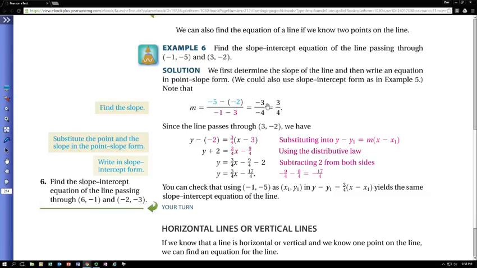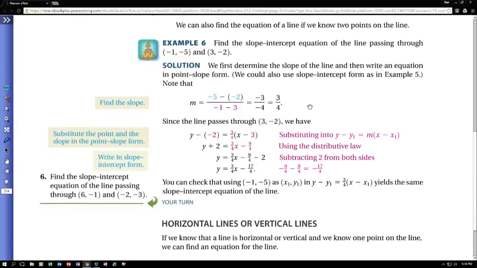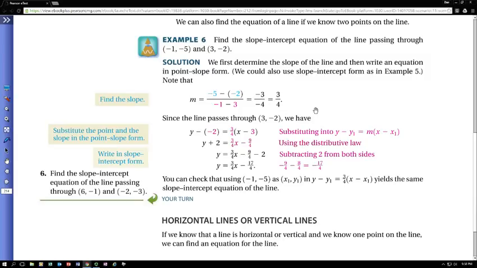But for -3 over -4, there's also a common factor of -1. So that's not in simplest form. We could use this as slope, though. I could go down 3 and to the left 4, and it'll get me to the next point. But we just want the slope in simplest form.